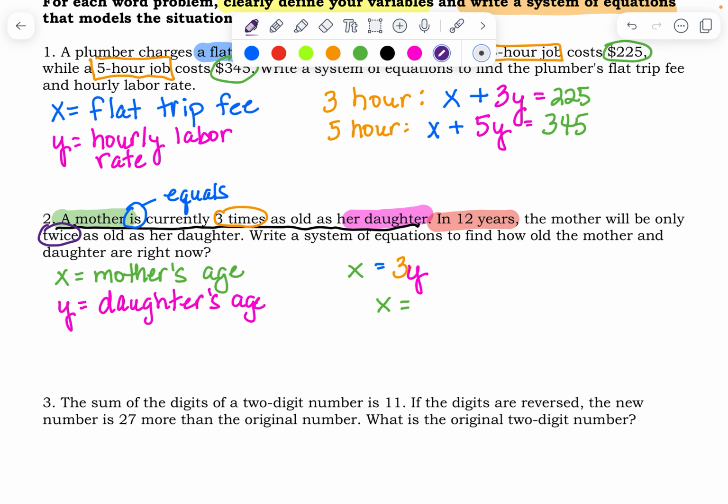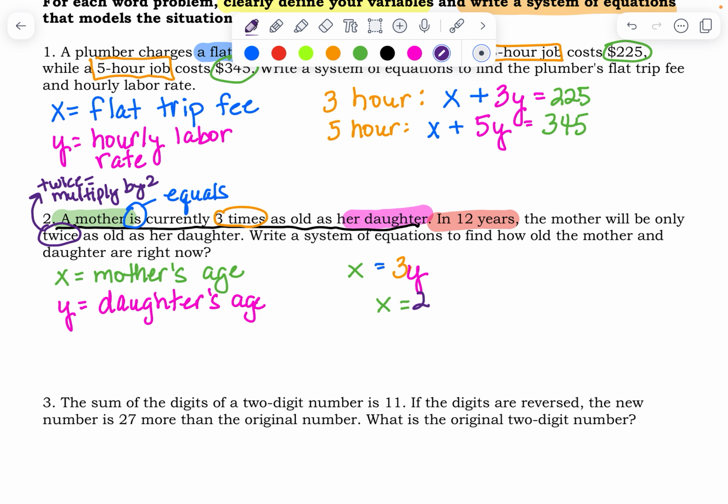Twice is definitely on your quiz. Remember, twice means multiply by 2. So what are we going to multiply by 2? We're going to multiply her daughter.